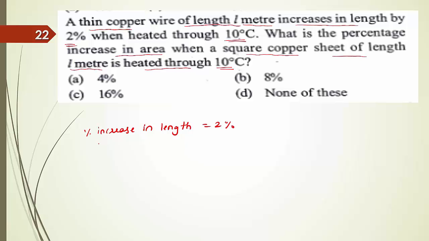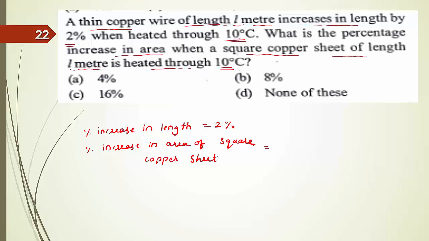Then similarly, what is the percentage increase in area when a square copper sheet of length L meter is heated through 10 degrees Celsius? So we have to find percentage increase in area of the square copper sheet. See here, area means what?